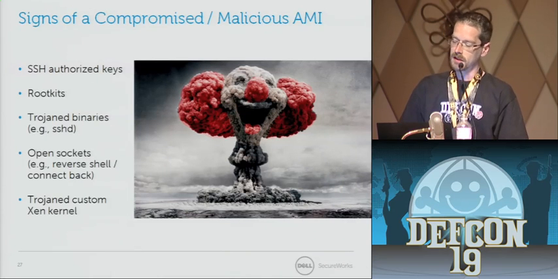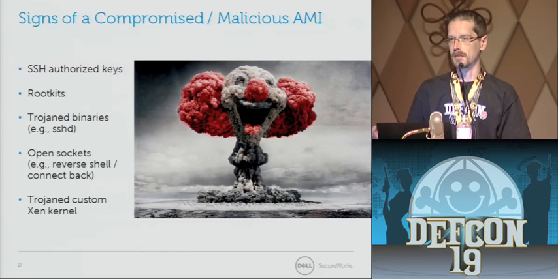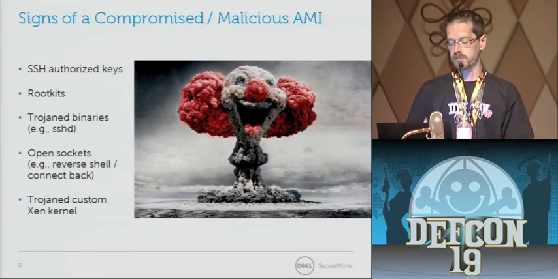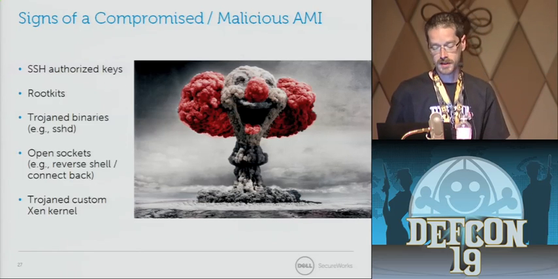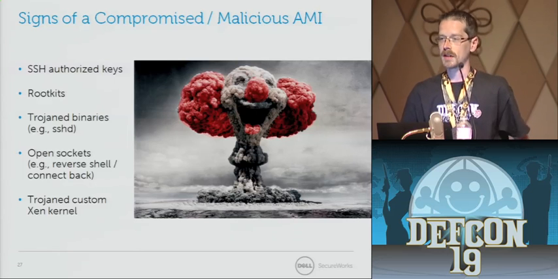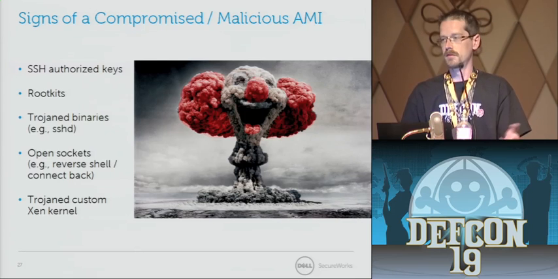Then we tried to do a little bit of looking for signs of a malicious AMI. This is primarily the SSH authorized keys. There are possibilities for rootkits, Trojan binaries, reverse shells, connect-backs, those sorts of things. With the PV-GRUB kernels that they support now, you can run your own kernel on EC2, so you could backdoor the kernel directly if you wanted to.